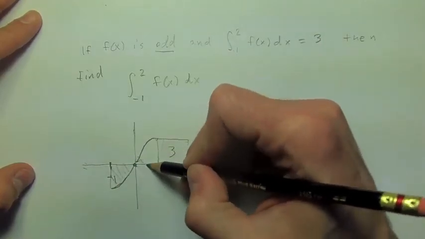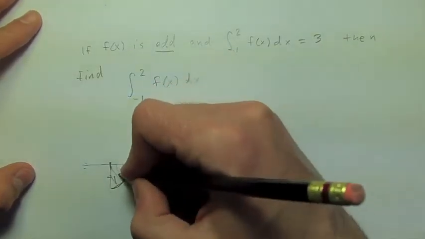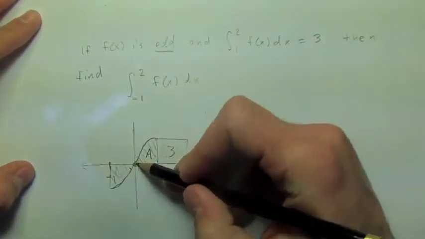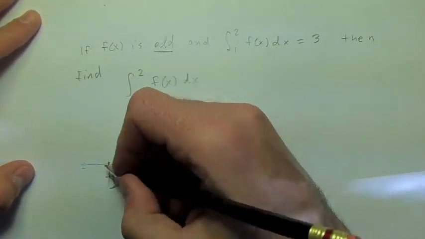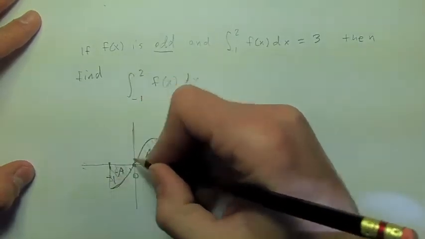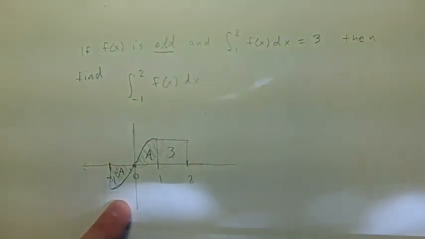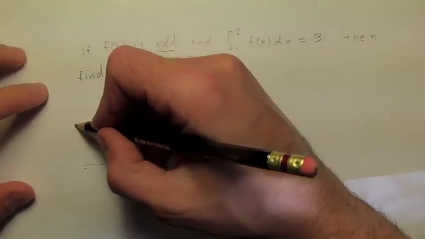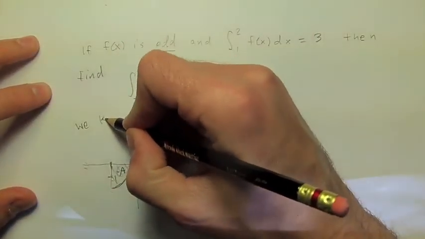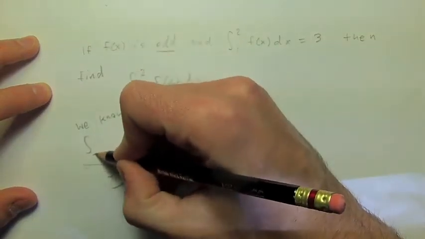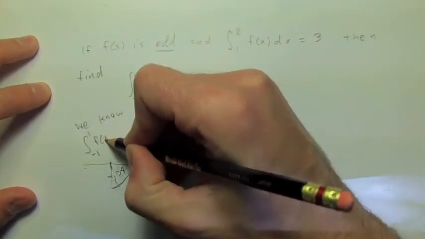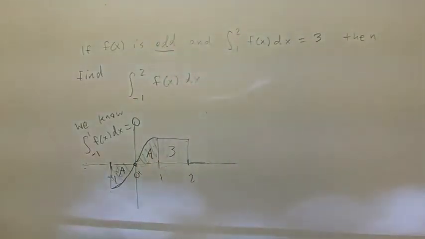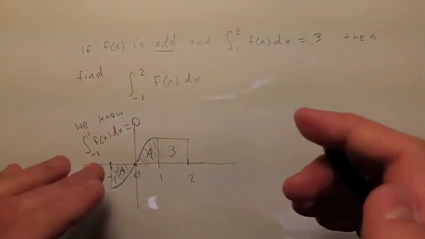Whatever the integral from 0 to 1 is, say a, I know negative 1 to 0 has to be negative a. Okay, so we know that the integral from negative 1 to 1 of f of x dx is 0.